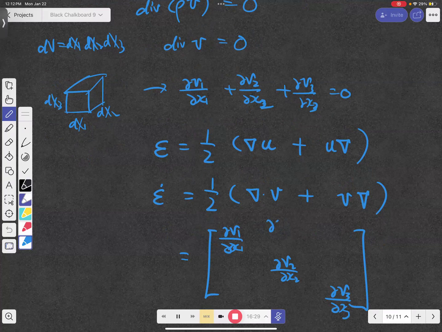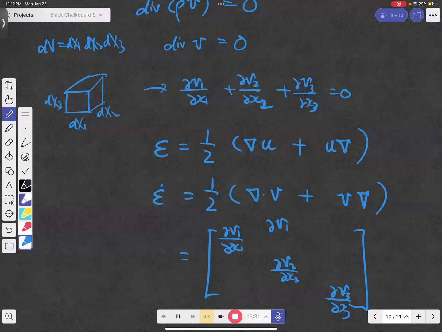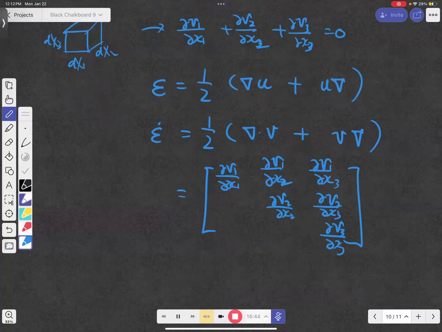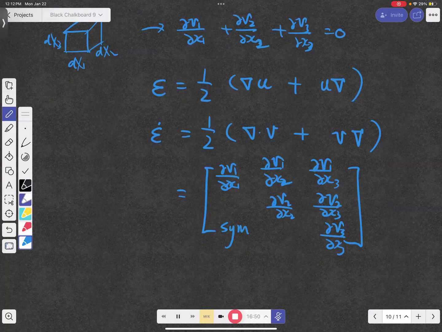What is this term? Should I write more? Yes. It's symmetric. Why is this symmetric?